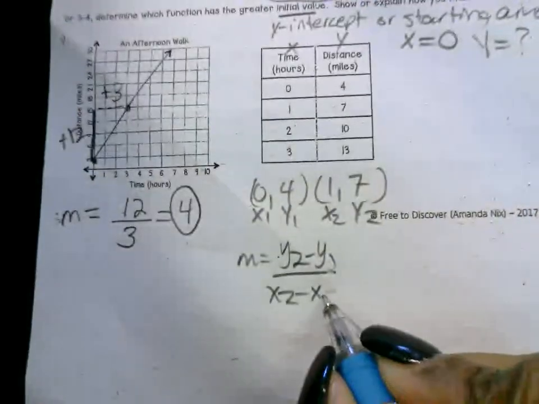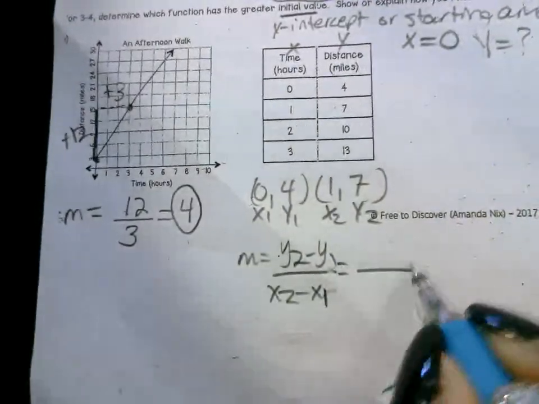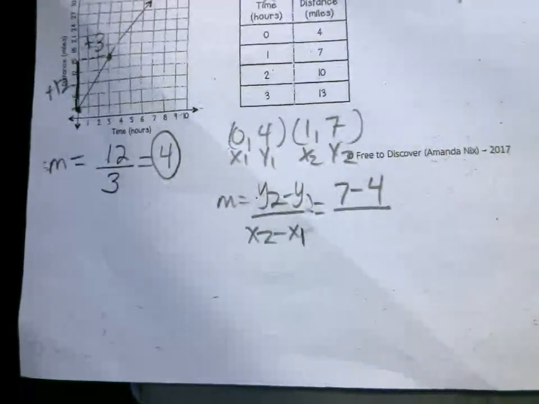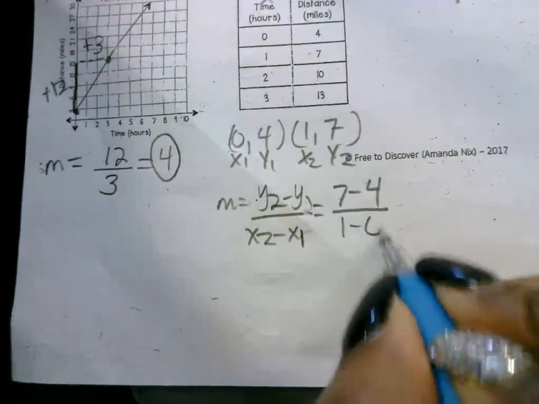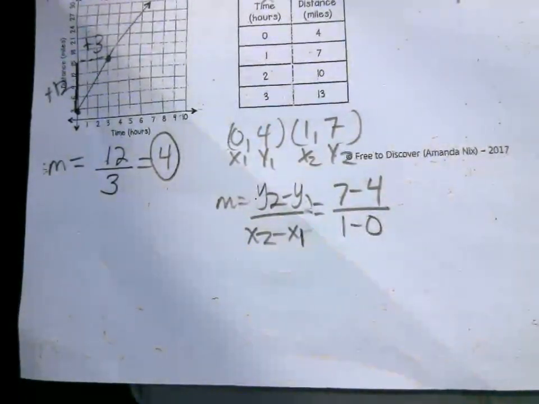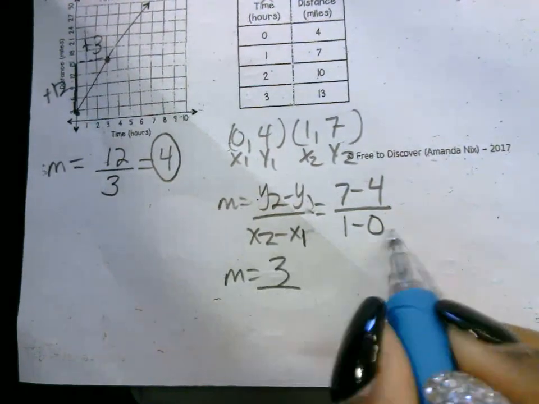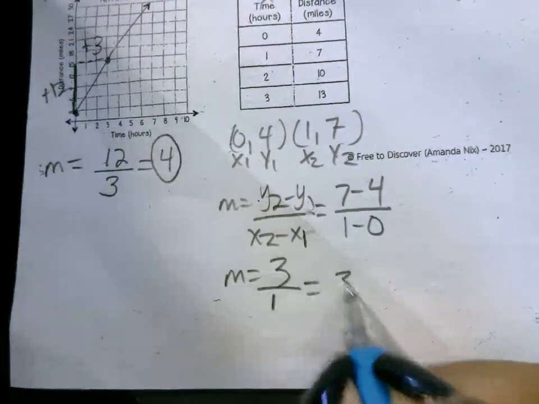And someone said 7 minus 4. Very good. What are we going to put on the bottom? 1 minus 0. 7 minus 4 gives you 3. That gives you 3 over what number? 1. So this is 3 here.